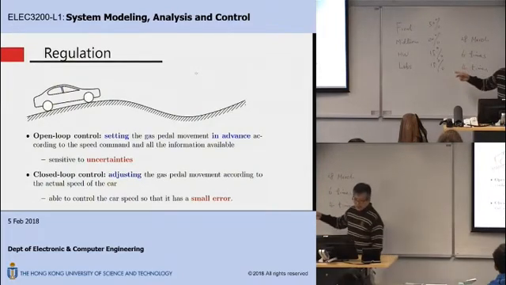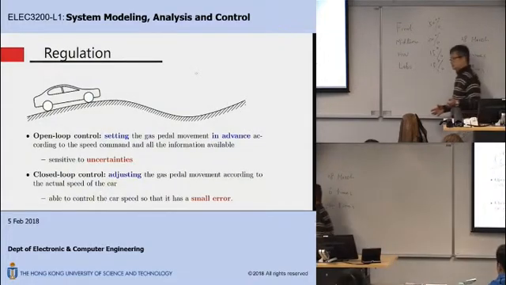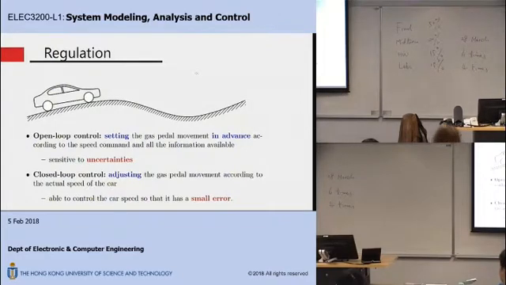So in this case, you may ask, what's the difference between regulation and stabilization? The main difference is that now we have an external command. The control system in all of our applications is supposed to follow an external command.